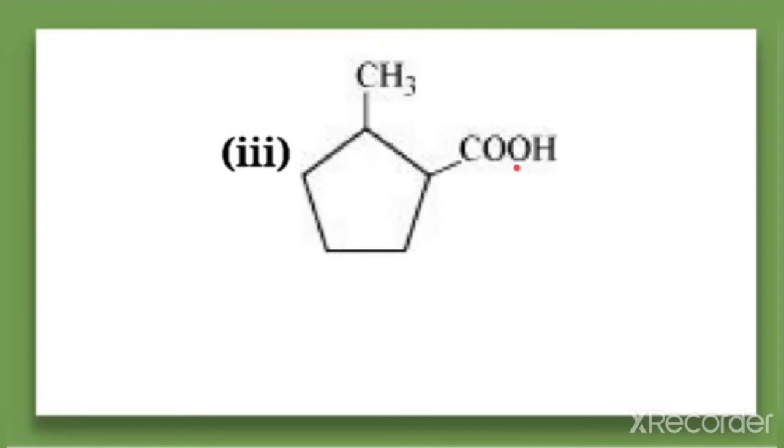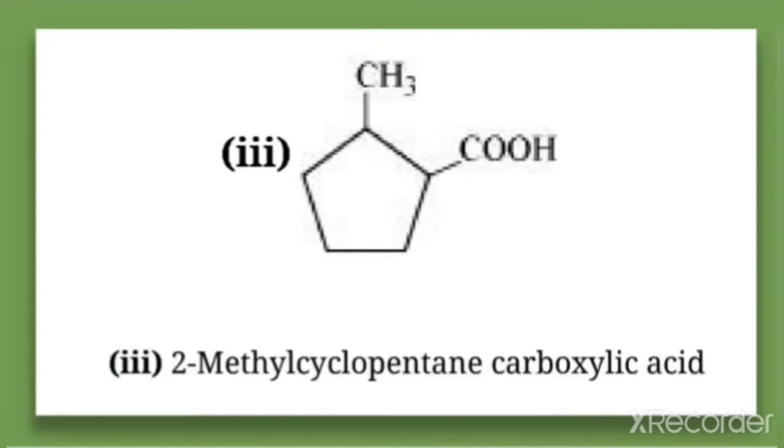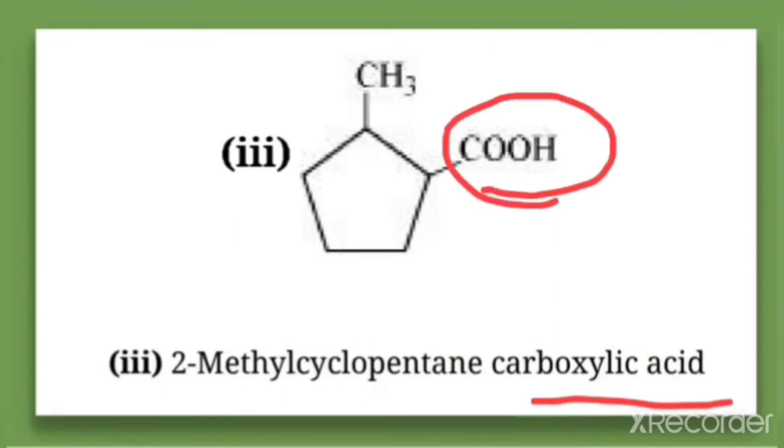Just like the aldehyde we have done, in a cyclic compound we cannot include the aldehyde group. In the same way, for acids also, we cannot include the acidic group in the main chain because the main chain is the cyclic part. So in such a case, the name ends with carboxylic acid, and we have to name this separately.